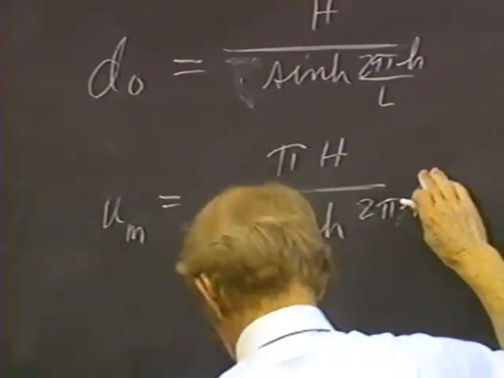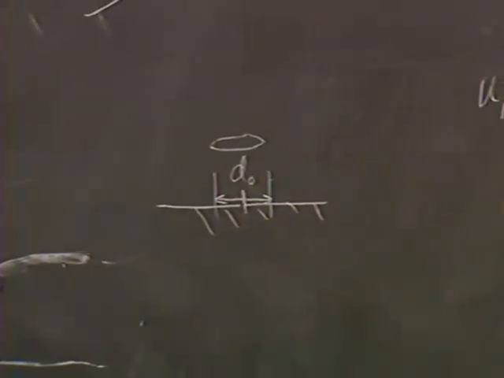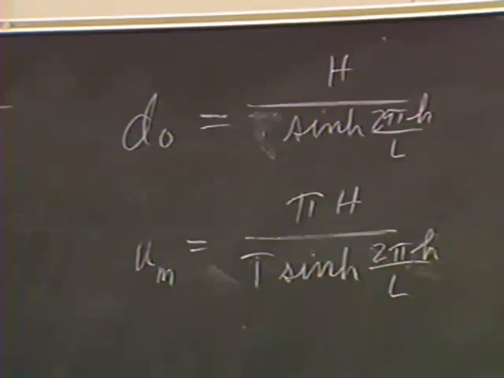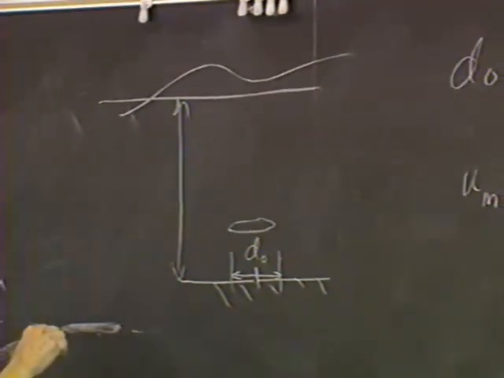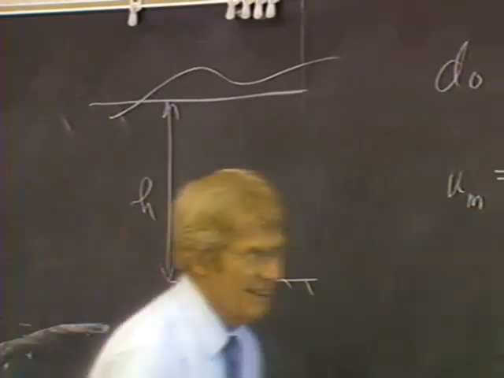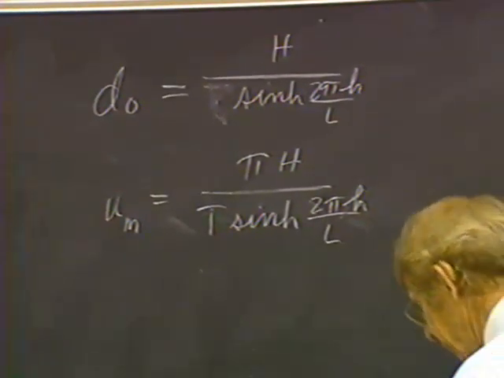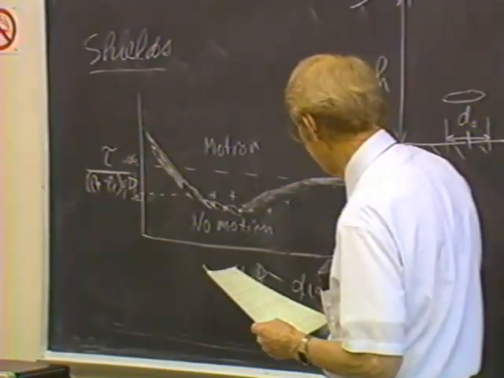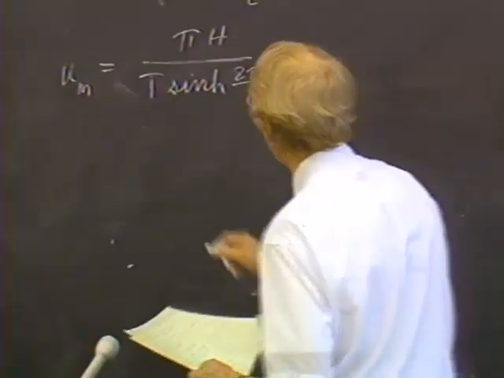A fellow named Paul Komar, whose paper I'll pass out to you on Thursday, using data obtained by others actually, found that if you plot d0 over D, where D is the particle diameter, to the 1/2 power, against rho u sub m squared divided by rho particle minus rho liquid times g D, for laminar conditions the data all plotted as a straight line.